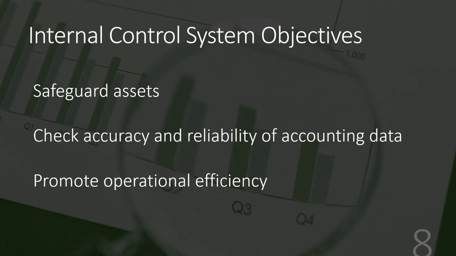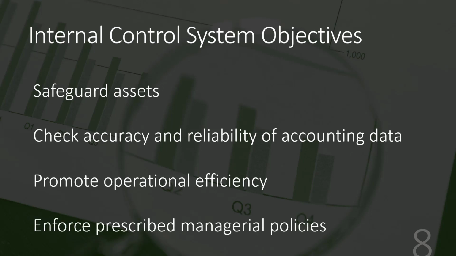Operational efficiency is another objective that is important to controls. And then finally, probably the most important objective of internal controls is that they should be designed to enforce management policies. Whatever management's policies are, the controls should be designed to enforce them and ensure that they're followed.